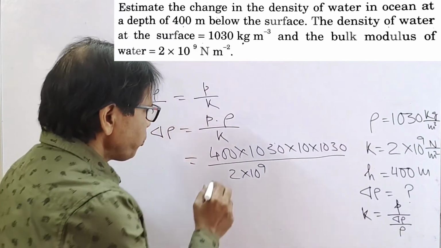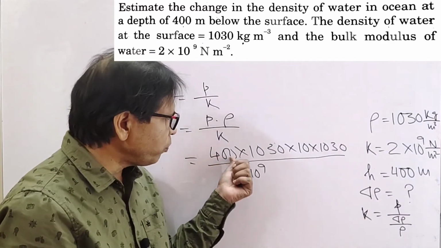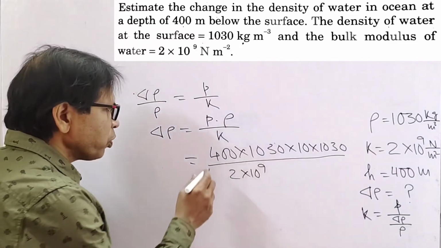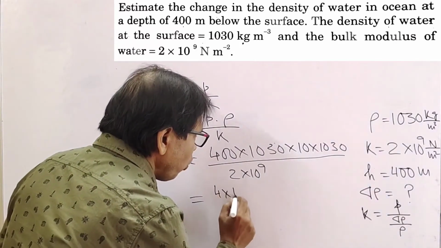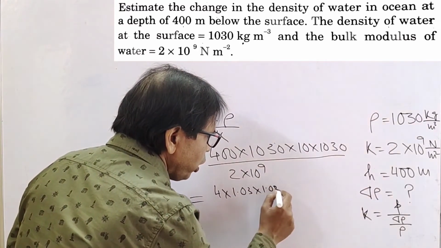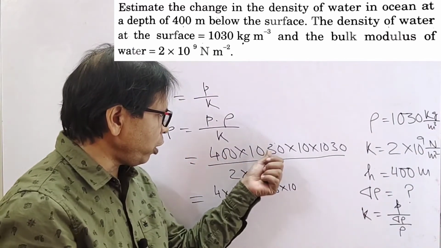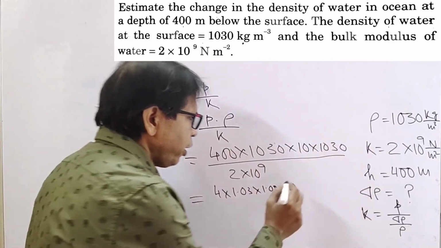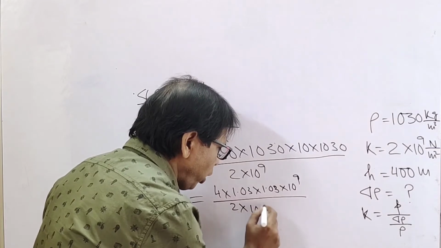Now the numerator can be written as 4 into 1.03 into 1.03 into 10 to the power 9, divided by 2 into 10 to the power 9.